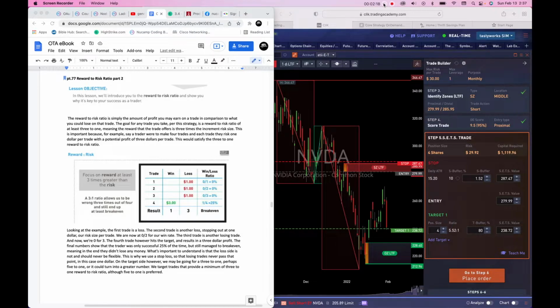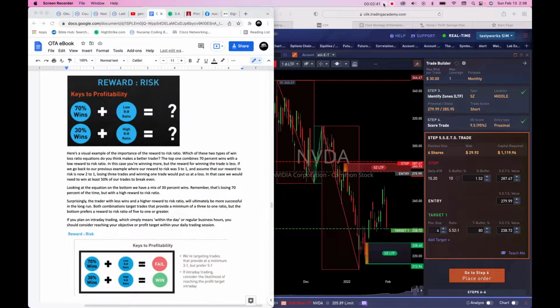On the target side, however, we may be going for a 3 to 1, perhaps 5 to 1, or it could turn into something greater. We target trades that provide a minimum of 3 to 1 reward to risk ratio, although 5 to 1 is preferred. At the top, you see a visual example of the importance of the reward to risk ratio.